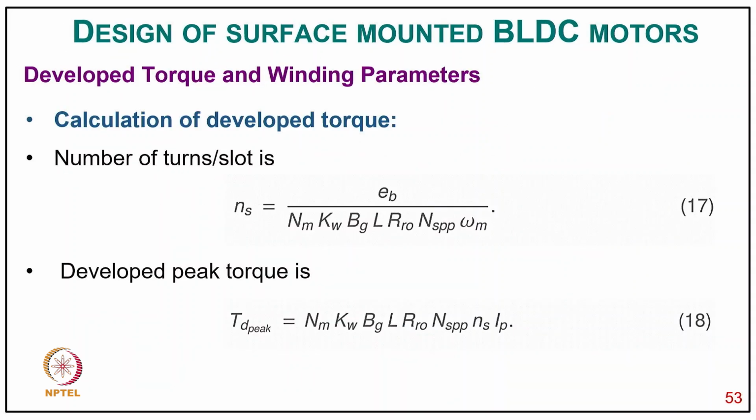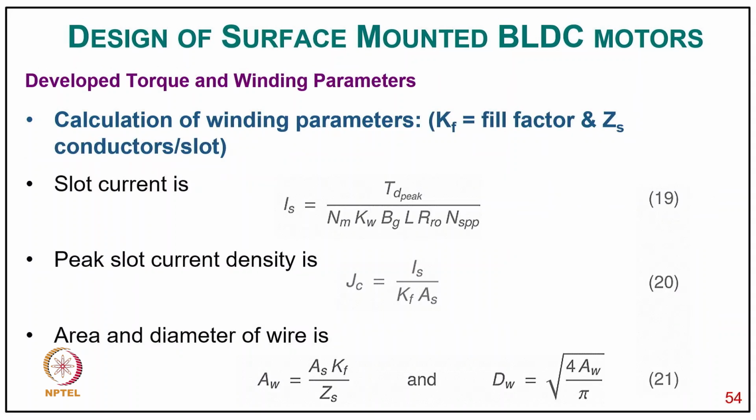So it comes to the developed torque. For calculation of developed torque, the number of turns per slot is Ns equal to phi EB upon Nm Kw BGL RO plus into Ns PP into omega, and developed torque is T peak equal to Nm Kw BGL RO and SPP and Ns into LP.